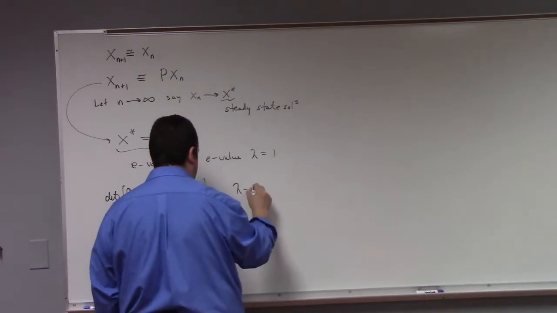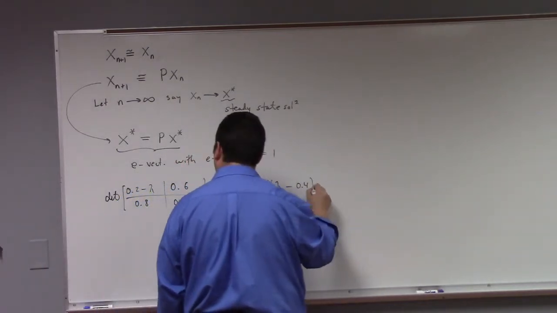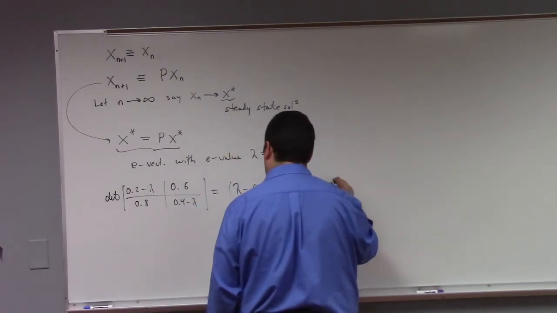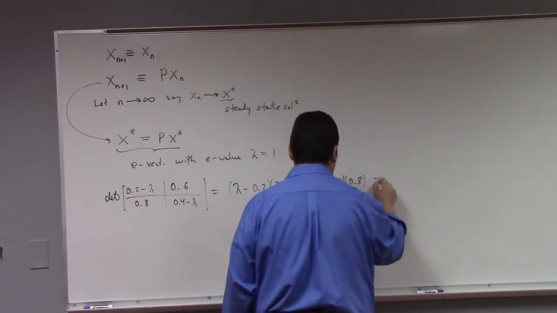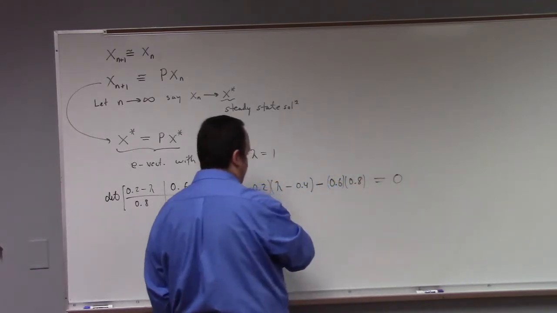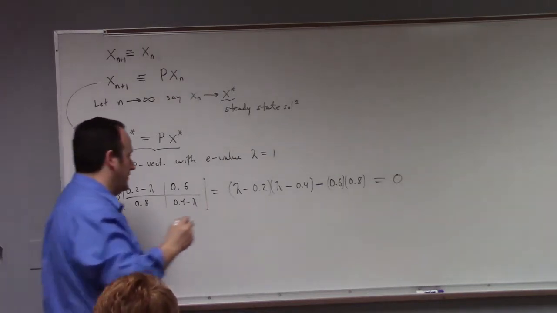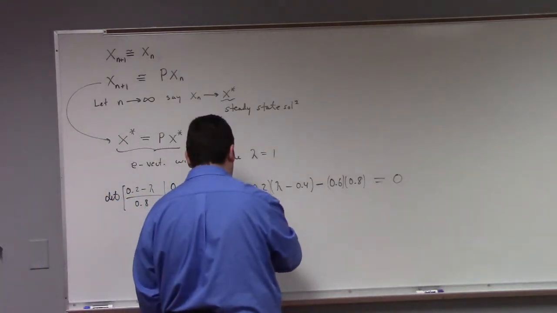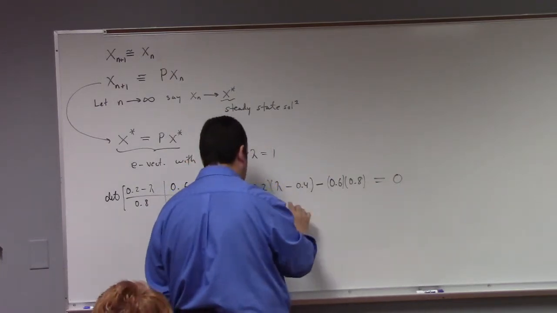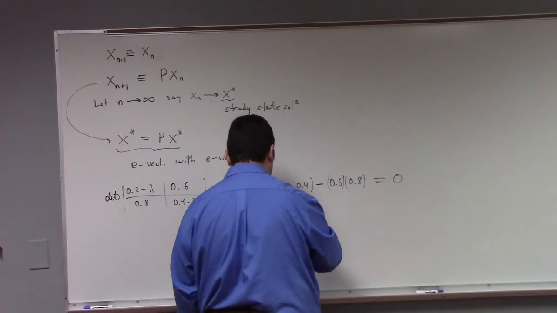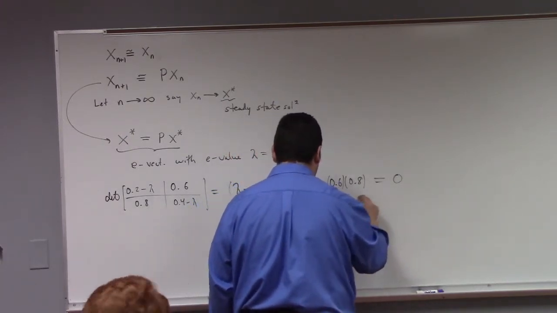So we have lambda minus 0.2 times lambda minus 0.4 minus 0.6 times 0.8 equals 0. May I strongly recommend multiplying by 100? So 10 lambda minus 2 times 10 lambda minus 4 minus 48 equals 0.